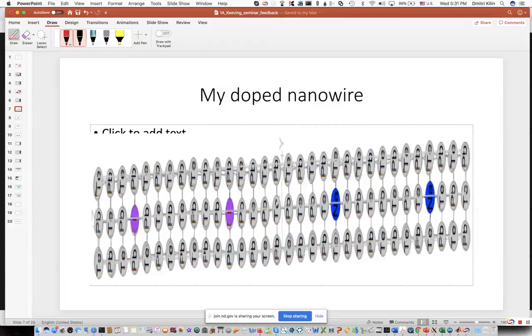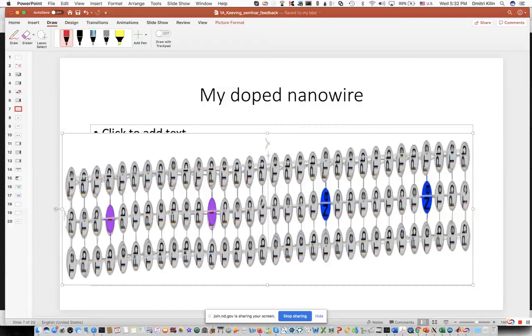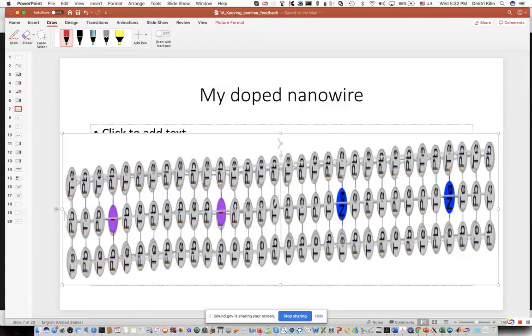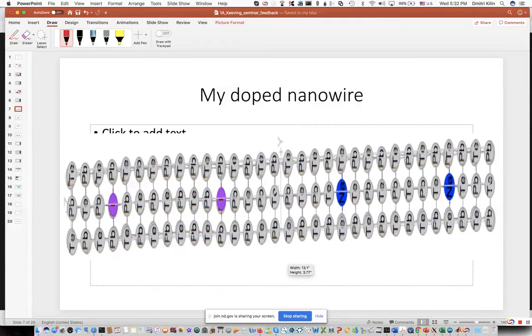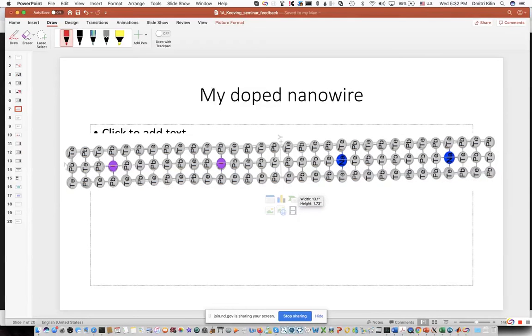So here's my doped nanowire. Here we have a model of my lead telluride nanowire doped with iodine and sodium. You see here that the pink atoms are iodine and the blue atoms are sodium.